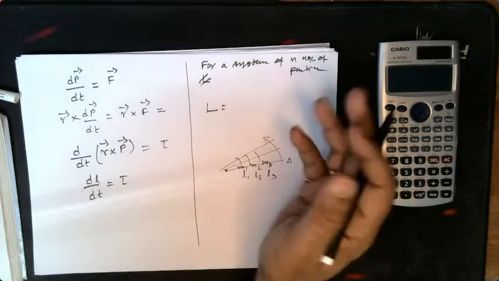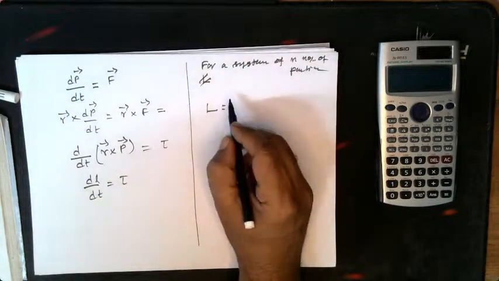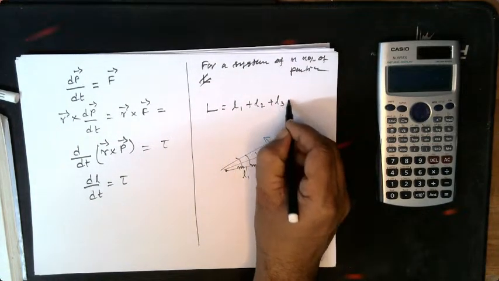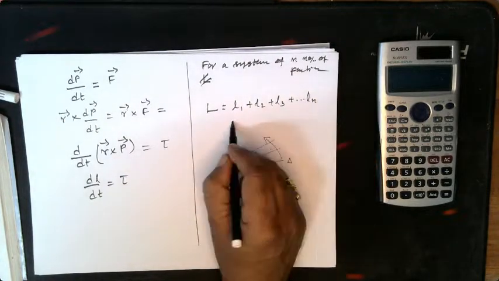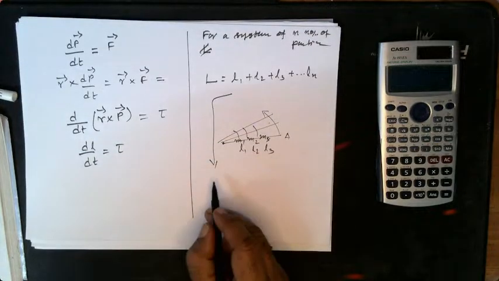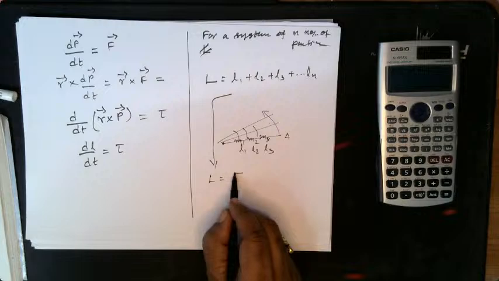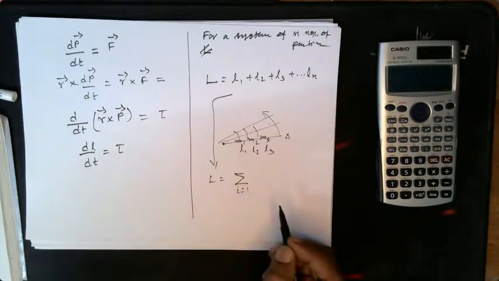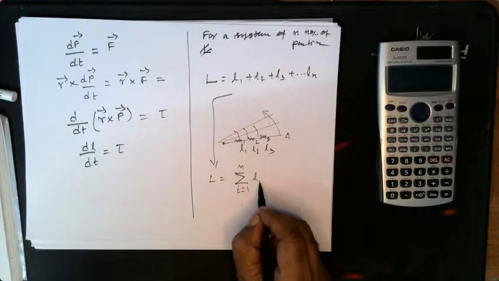They will be experiencing the angular momentum, is it not? And that is represented as L1 and L2 and L3, etc. up to Ln. And this can be simply represented as a summation, is it not? So L is equal to summation sigma starting from i is equal to 1, and ends n. So L put i.